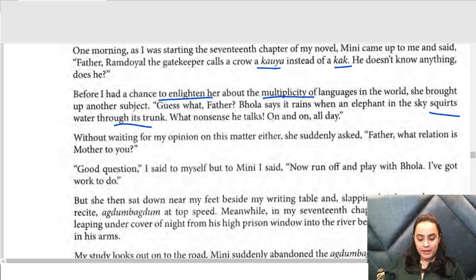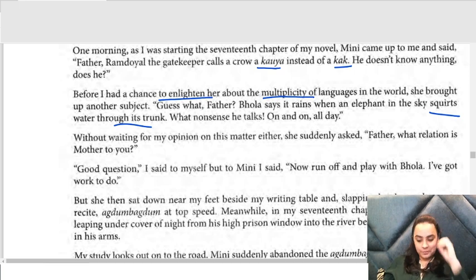Without waiting for my opinion on this matter either, she suddenly asked, "Father, what relation is mother to you?" So without waiting for an answer about the elephant and the rain, she asked her father what the relationship was between him and mother.